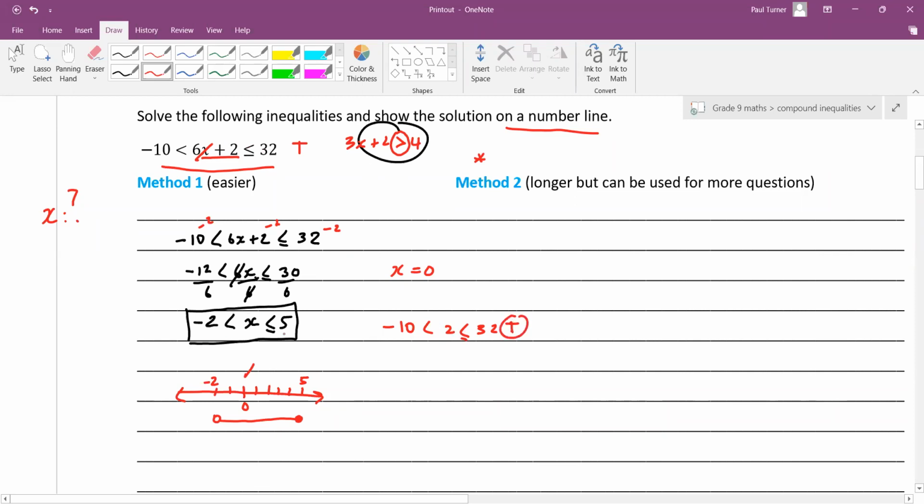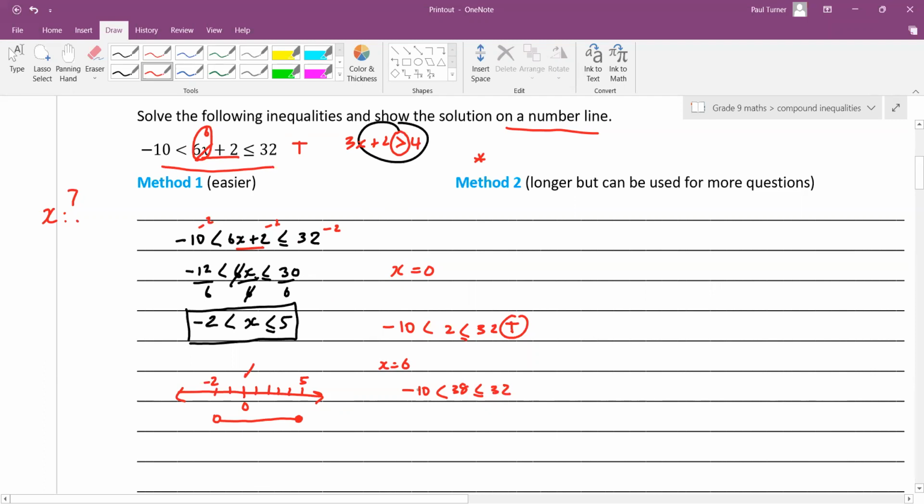But if you pick another number like 6, which is not in the true area, what if we put 6 in here? We'll get 36 plus 2, which is 38. So we'll have -10 less than 6 times 6 is 36, plus 2 is 38, less than or equal to 32.